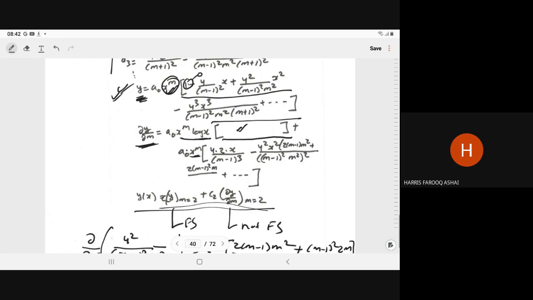Here the first term is 1, so its derivative is 0. For 4 upon m minus 1 whole square, it will give you minus 2 upon m minus 1 cube.